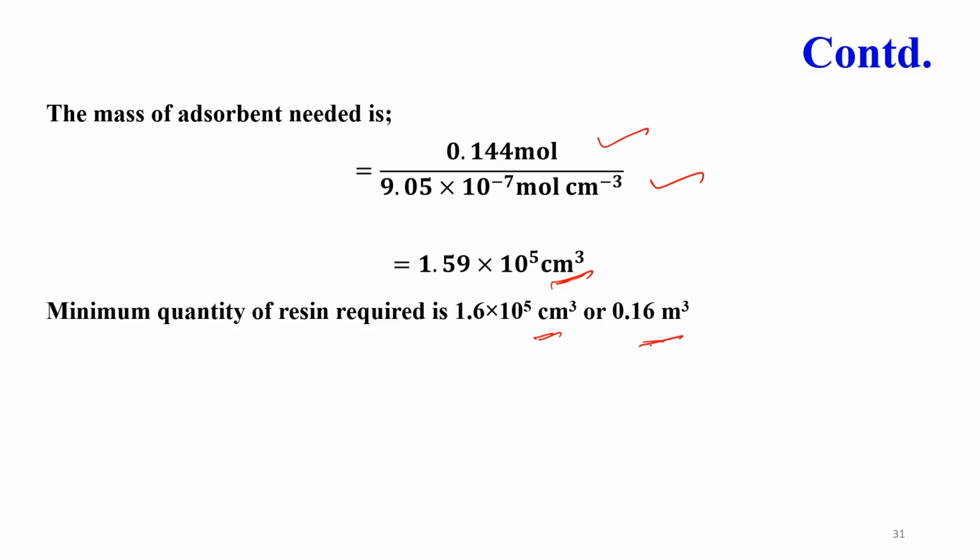With this I will stop here. Today we discussed adsorption as a surface phenomenon, then different types of adsorbent, and accordingly there will be different types of intermolecular interaction depending on the nature of both adsorbate and adsorbent. Then we discussed the different steps in the adsorption process, starting with loading or contacting, then washing, then elution, then washing again, and then regeneration.